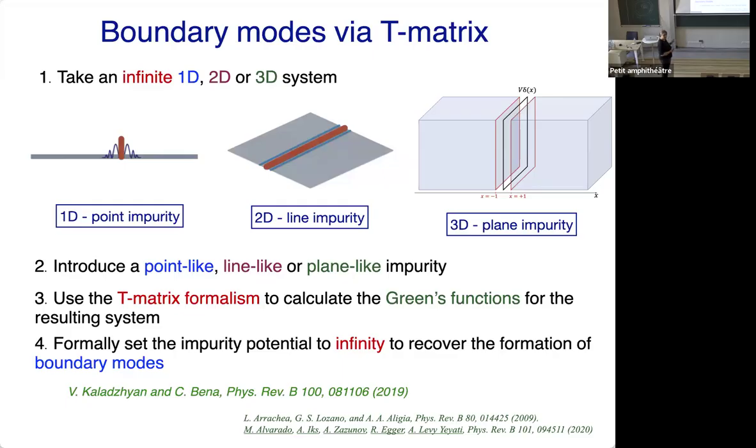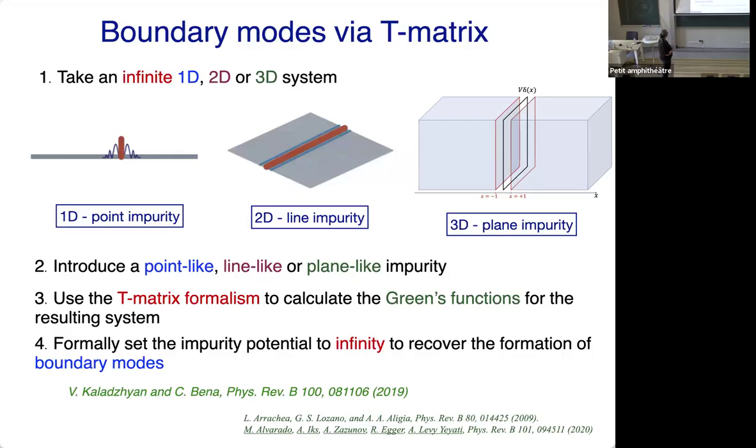You know the Green's function of the system, and from there people obtain things like Friedel oscillations. They obtain bound states, Majorana states, things like that. Actually, no Majorana states, just impurity bound states. So what we have been doing is we take this impurity and make it infinite. When the impurity is infinite, your system is automatically broken into two semi-infinite pieces.